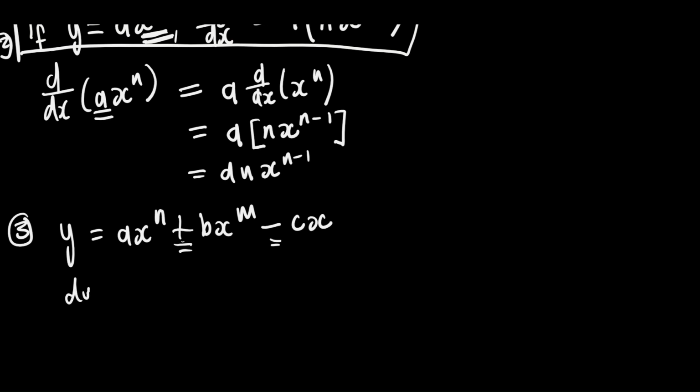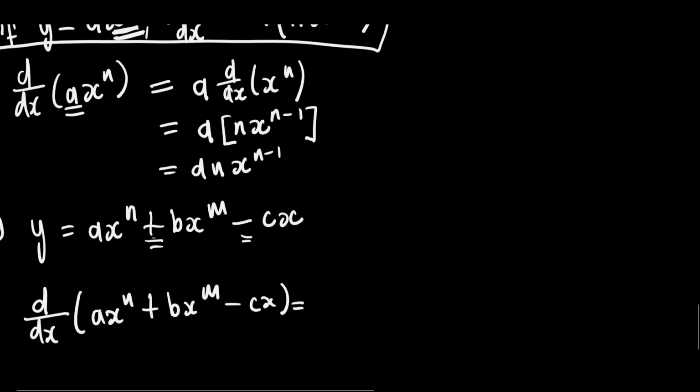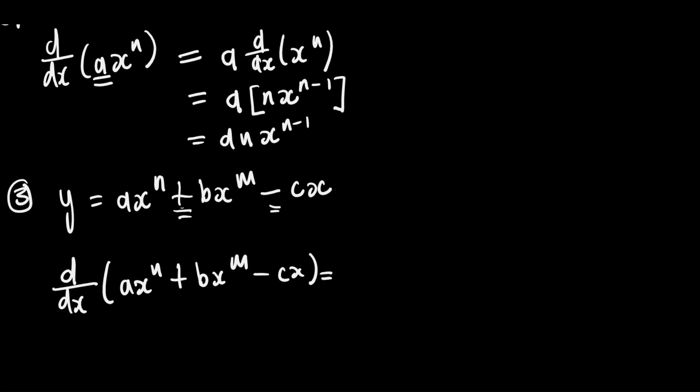So now dy dx will be equal to, I differentiate one at a time. This one would make more sense if we write it in the second form. So d dx, the derivative of ax to the power of n plus bx to the power of m minus cx. This is equal to the derivative of each thing, okay?